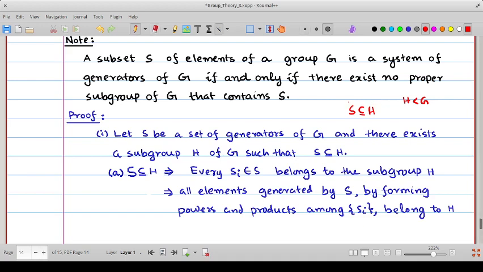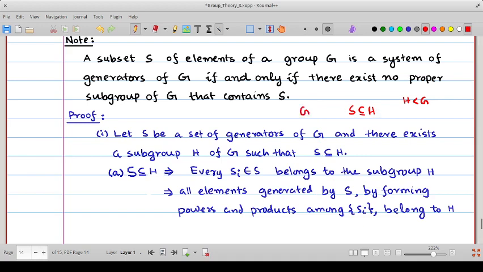So that means all elements generated by S should be elements of H as well. The elements generated by S are elements of H, but we have also stated that S is a set of generators of G, and therefore the set of elements generated by S is simply the group G. But as we have seen here, the set of elements generated by S should be a subset of H as well.